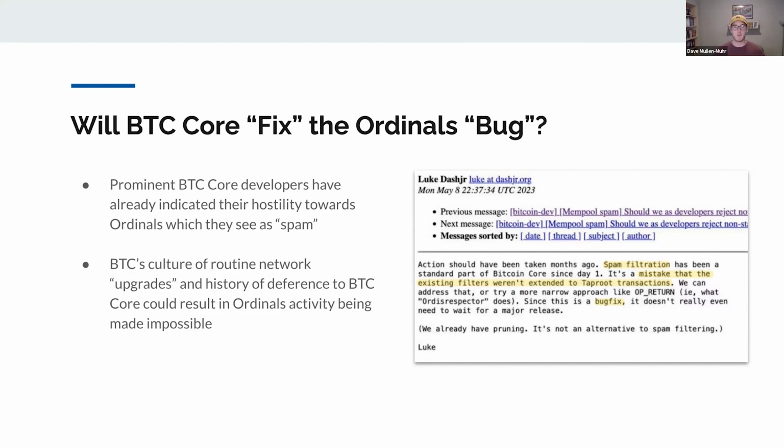So pushing something that makes a major change, like squashing Ordinals, would be understood. And there's a history of deference to the BTC Core developers. So historically, what they say has gone, and they've pushed many upgrades, quote unquote, in the past, which have squashed a lot of economic activity, including everything that the Unbounded Capital team is focused on in the Bitcoin SV ecosystem.